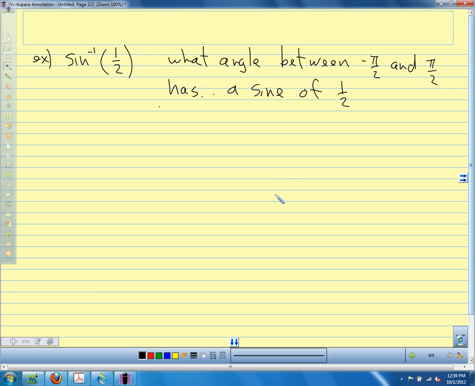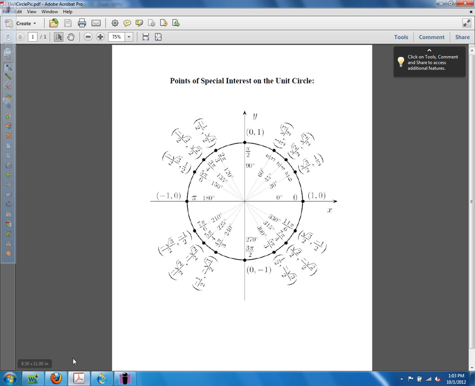So this is a unit circle problem. Let me look at my unit circle. What I'm looking for is what angle has a sine of 1/2. Sine is our y component. So where on the unit circle is the sine 1/2? 30 degrees or pi over 6.